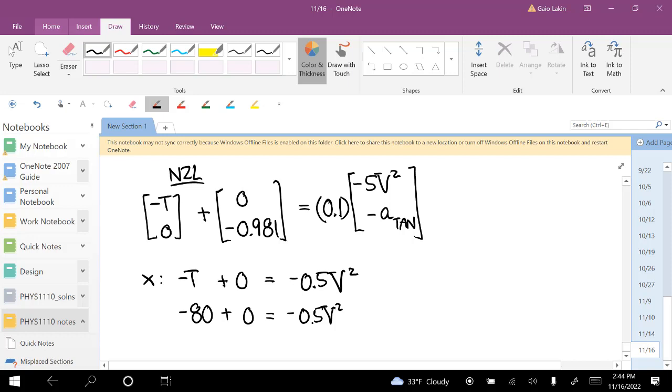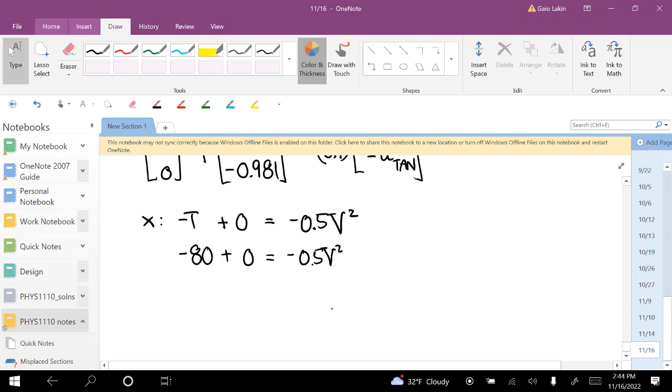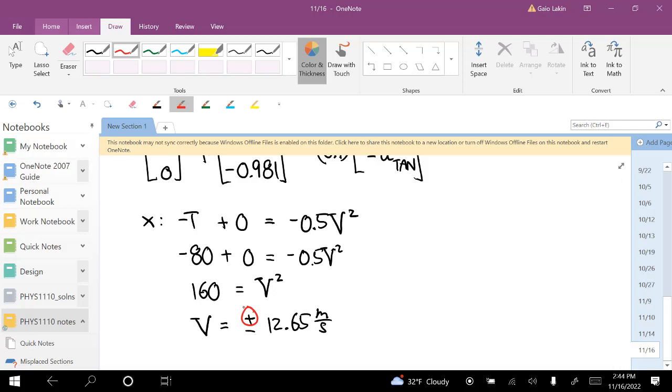And now you're just solving for v. So you get 160 is equal to v squared. Take the square root of both sides, and v is equal to plus or minus 12.65 meters per second. Capital V is a speed, so we'll take the positive one. Any questions about that?